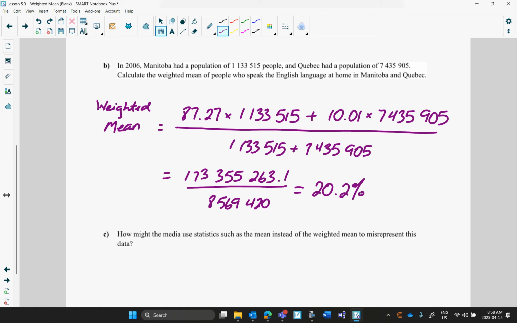That is likely or probably a better representation of the average of English speakers at home. Okay? Because even though the average of number of English speakers in Quebec is much smaller, it carries more weight because there's way more people. But it shouldn't carry so much weight that you would just average the two means.